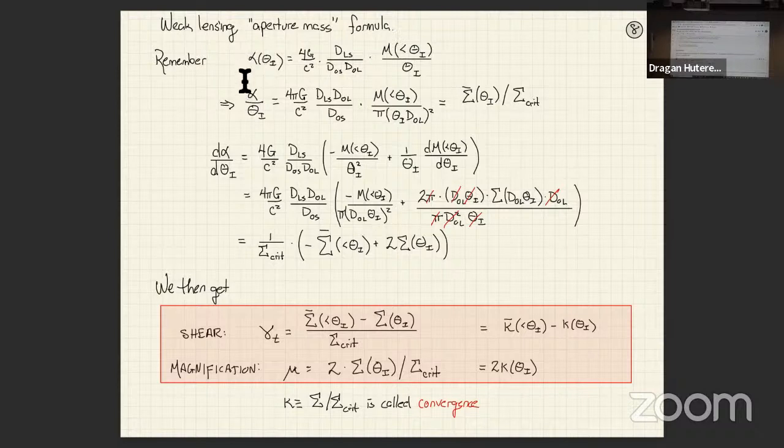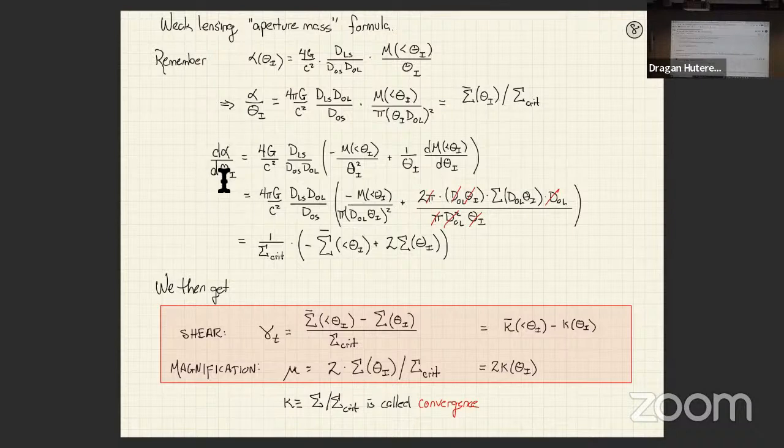And that means that we can form alpha over theta I, and that's just putting another theta on the bottom here. And that alpha over theta I turns out to be just the mean density within theta I divided by the critical density. And then we get this d alpha over d theta I. I can take the derivative of this equation, and it's all here. I won't go through it. Lots of things cancel out.